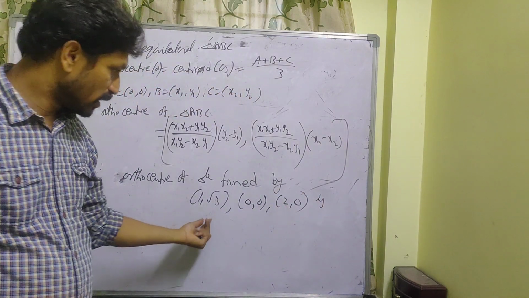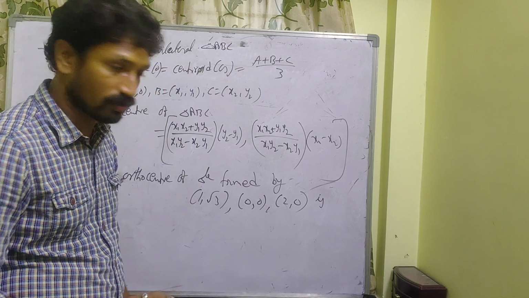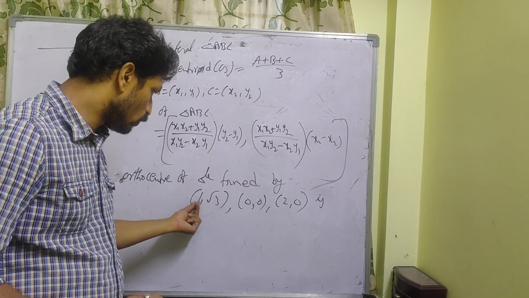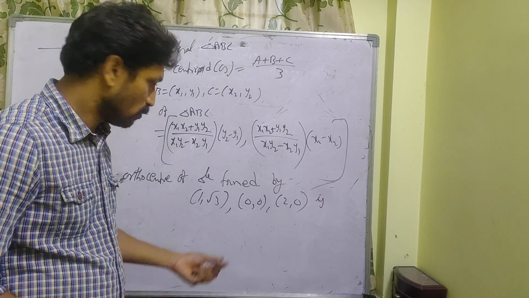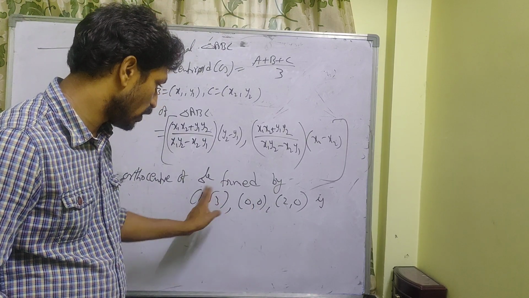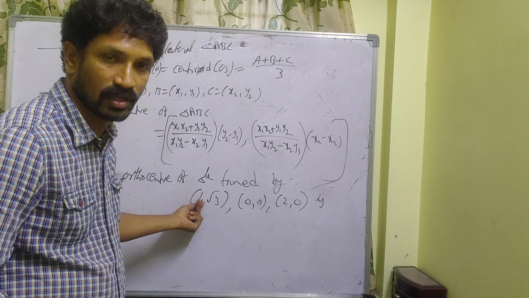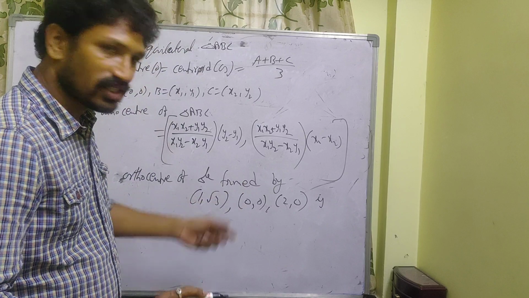First you check whether it is a right angle triangle or not. If you take 1 comma root 3, this one is not in any other two. This root 3 also is not in the other two. So 0 comma 0, this 0 is not in any other two, this 0 also here, but this 0 is not in this one as an x coordinate. So it is not a right angle triangle.